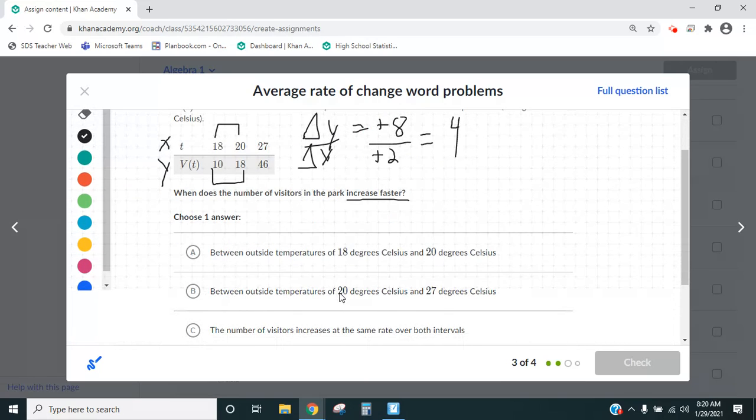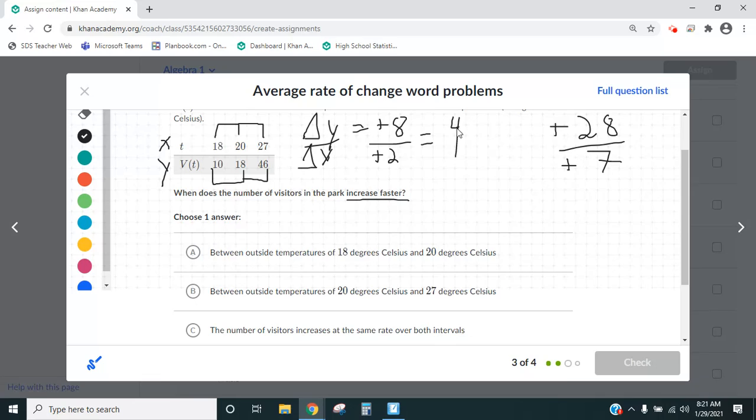Choice B says, what about between 20 and 27? What about between these two things? Well, what happens? It goes up more, but we still have to divide by 7, right? It's on average. So we went up 28 there, but we went up 7 on the x's, right? What's 28 over 7?